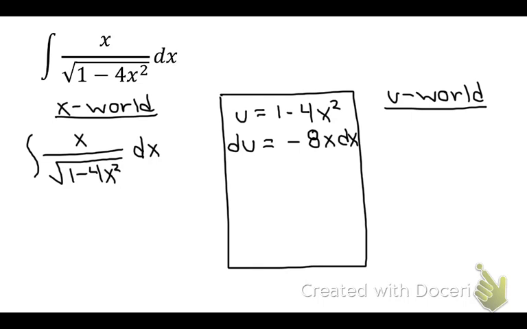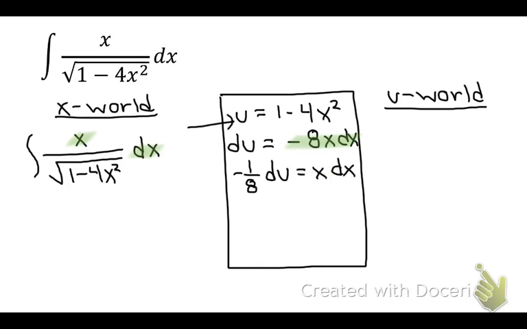Similar to the last problem though, the piece that we still need is x dx, and right now we've got negative 8x dx. So in order to get just that x dx by itself, we have to divide both sides by negative 8. So we're going to get negative 1/8 du equals x dx.